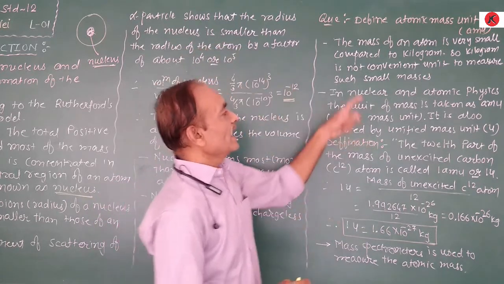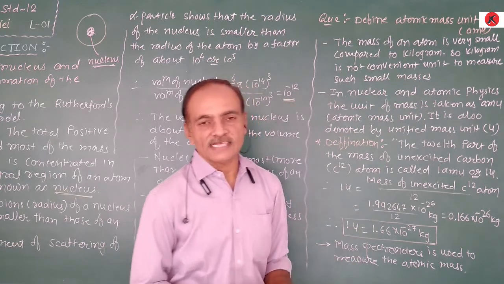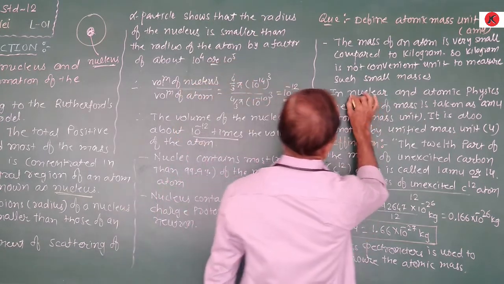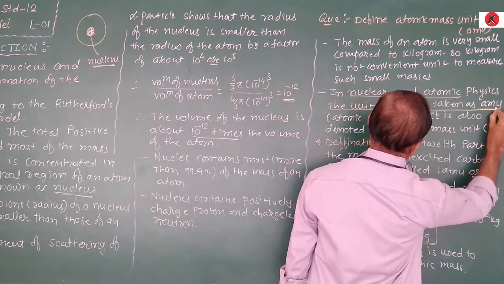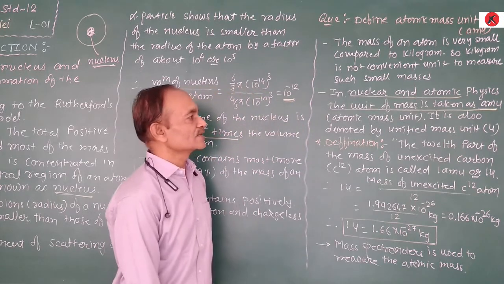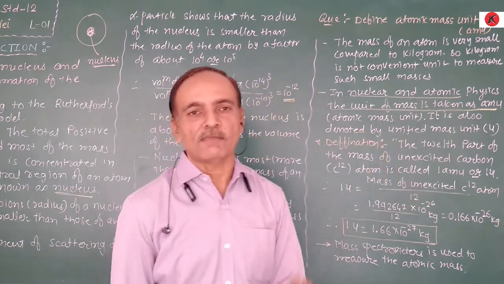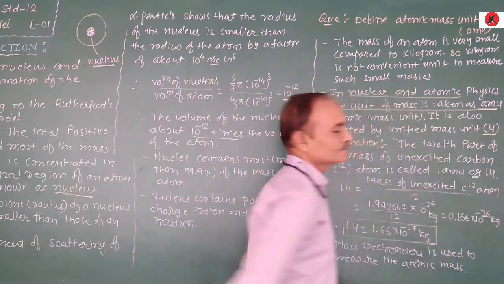Therefore, in atomic and nuclear physics, the unit of mass is taken as the atomic mass unit. It is also called unified mass, and is denoted by small u.